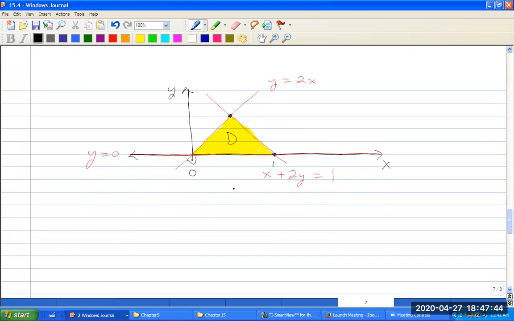To figure that out, let's set these equal. y is equal to 2x, so x plus 2y, but y is 2x, is 1. So 5x is 1, so x is equal to 1/5. Let's figure out y. Plug in x equaling 1/5, so y equals 2/5. So at 1/5, this isn't exactly to scale, I'm here at 2/5.